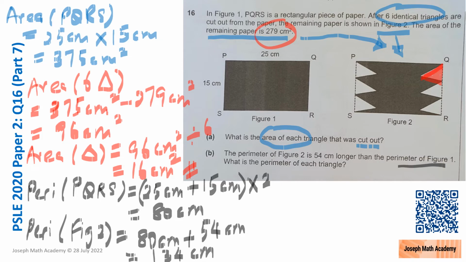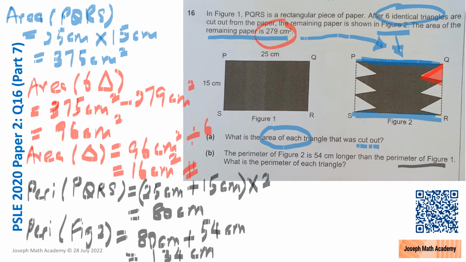What we need to do is to take the perimeter of figure 2, 134, minus away the two straight lines here. That means minus away PQ and SR. Because we are not interested in the straight line, we are interested in the jagged line. And the jagged line forms the 6 identical triangles which are cut out.